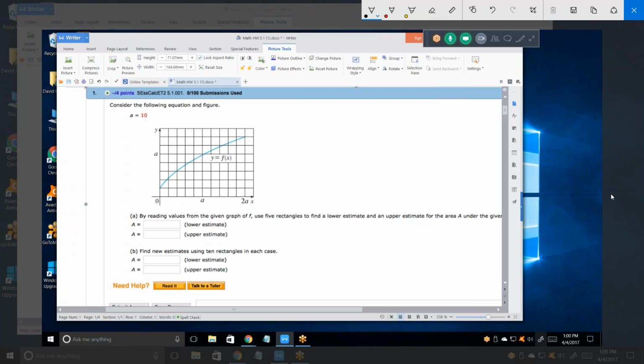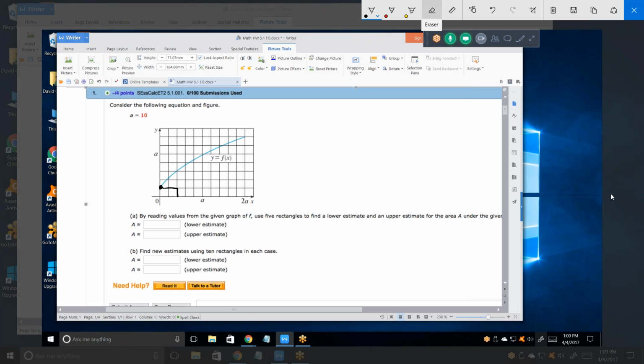Now, that method that gave me a lower estimate was based on putting the upper left-hand corner of the rectangle on the curve, right? In other words, my first spot was there, and my rectangle had to be 4 units long, so that's how I drew the rectangle.